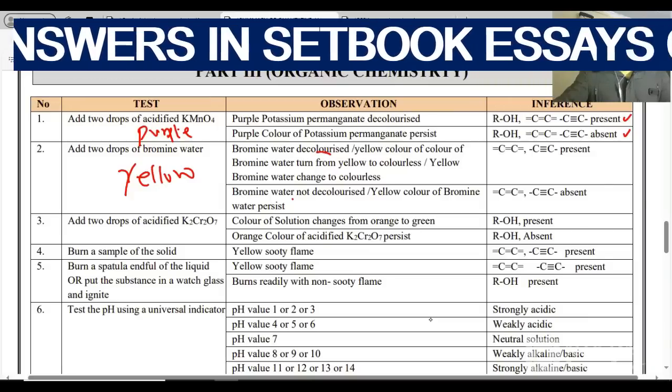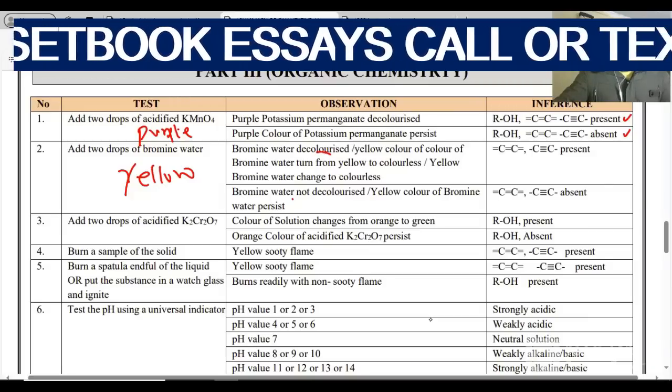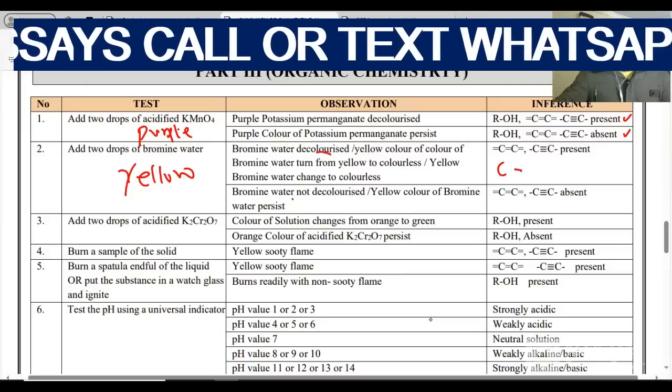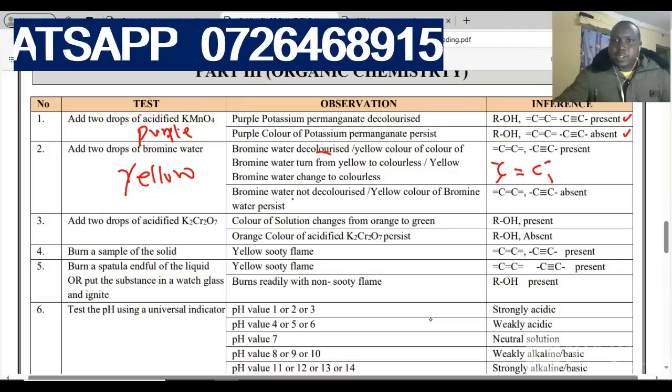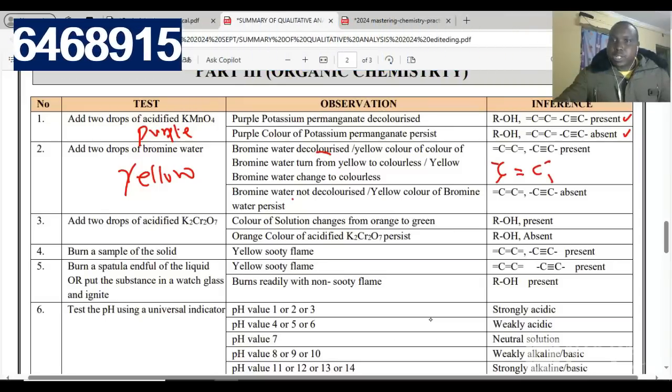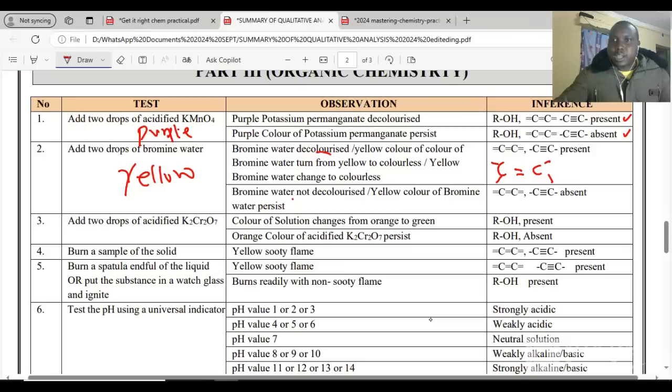Usiandike maneno alkene or alkyne. We need you to write these bonds. You write C double bond C, and make sure each carbon is surrounded with 4 covalent bonds. Ndio maana tunaweka hivi. Or the double bond, the triple bond, sorry, is present.